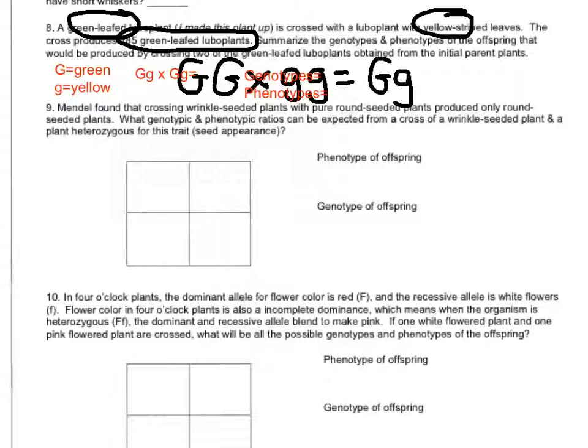So you're going to end up with 25% being big G, and you're going to end up with another quarter being little g, and you're going to end up with 50%, or half, being big G, little g.